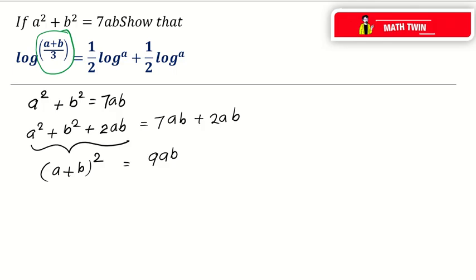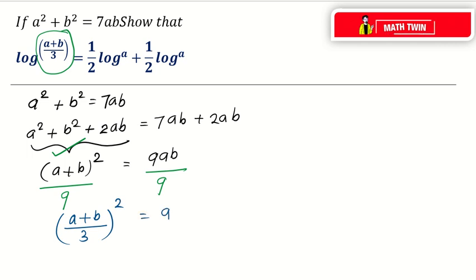So this is the best way to make a plus b squared, and I can divide both sides by 9, and then my LHS can be expressed as (a plus b over 3) whole squared, equal to ab.